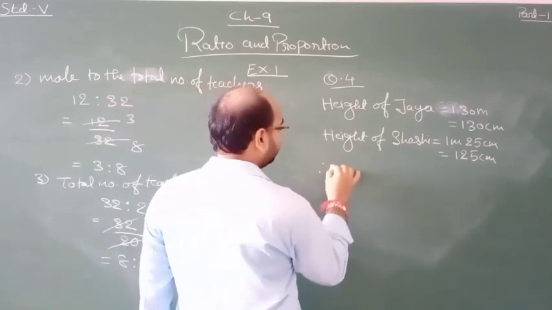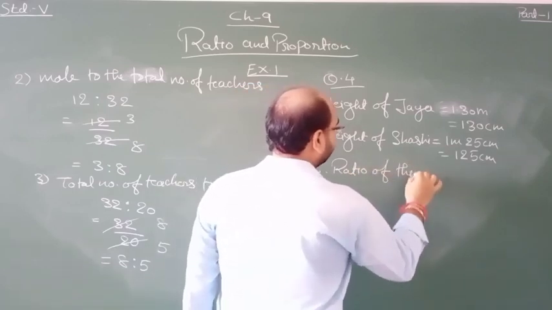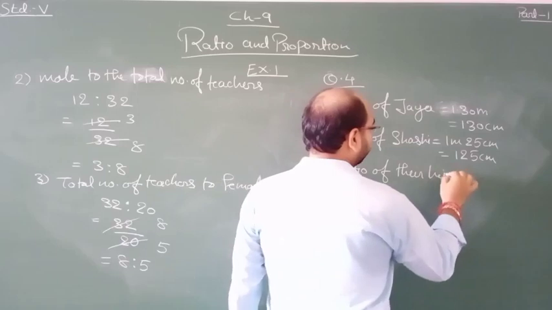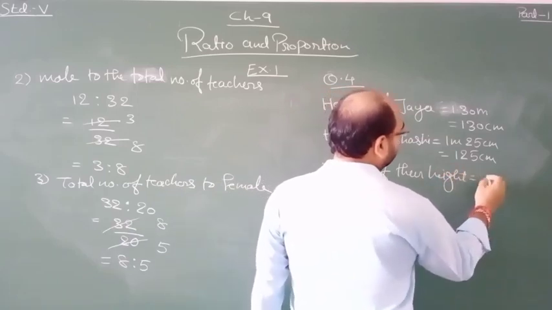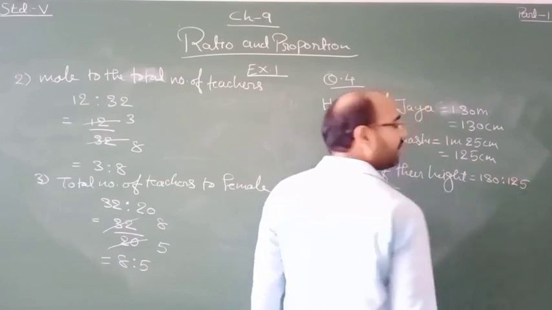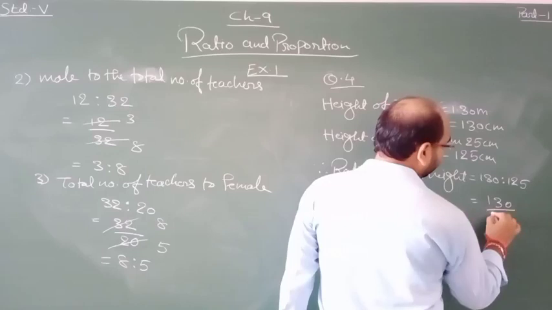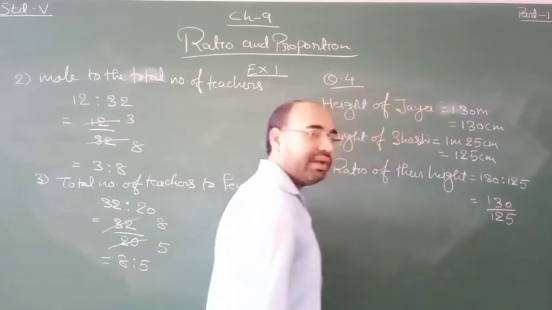So therefore ratio of their height is equal to what? 130 is to 125, which is equal to what? 130 upon 125.